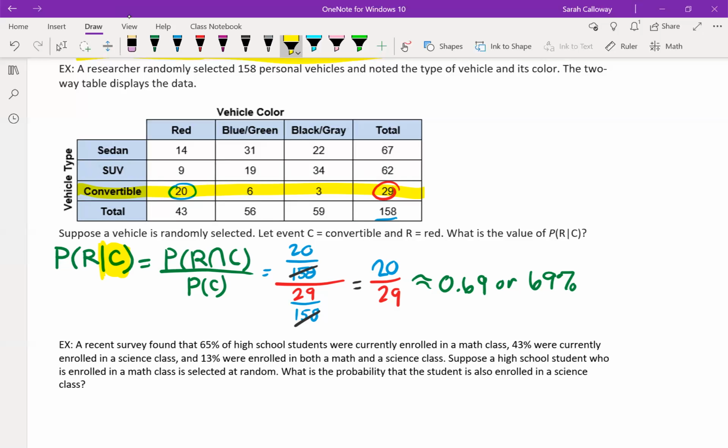There are questions that will ask you to interpret your solution. What that means is that there is a 69% chance a red vehicle is chosen given it is a convertible.